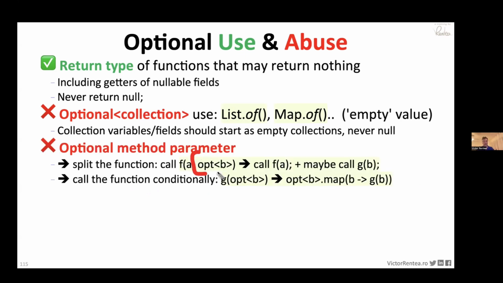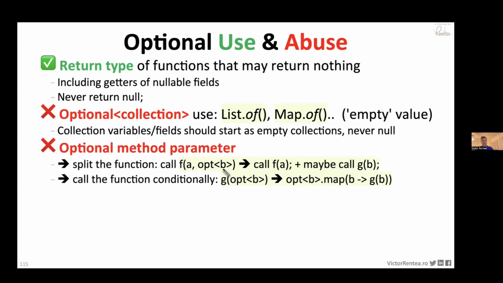Also, don't take optional parameters into methods. This might be a sign that your function violates single responsibility. It does too many things. So you might want to break that big function into an F and then a G. You call G only if you really have a B to pass it. Maybe it's too dense for this moment of the day, but I think you can get the point.